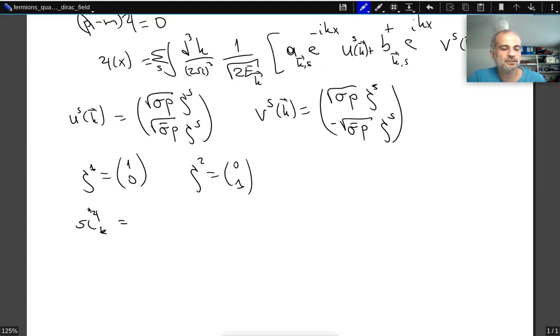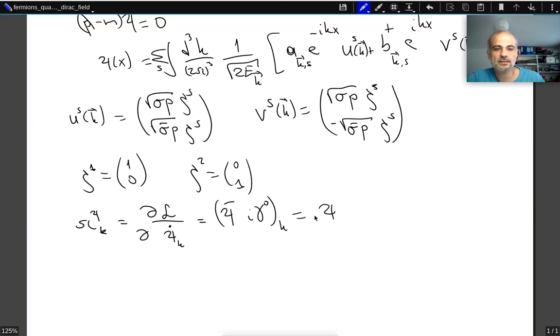And the momentum is defined as the derivative of the Lagrangian with respect to the time derivative of the corresponding field. And this would give us psi bar i gamma 0, which is just psi dagger.